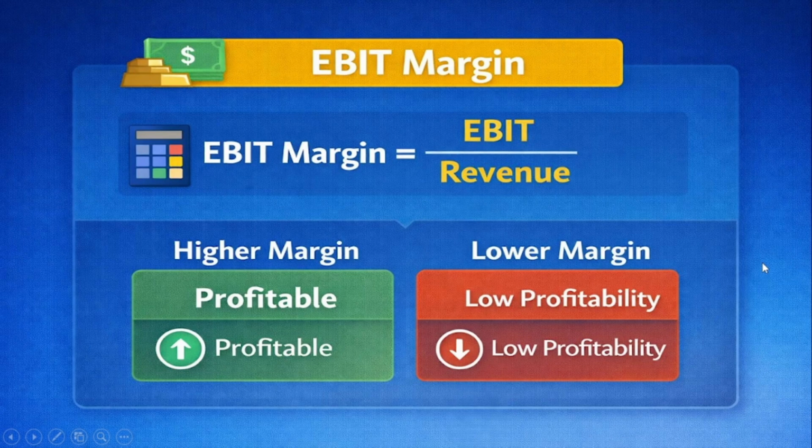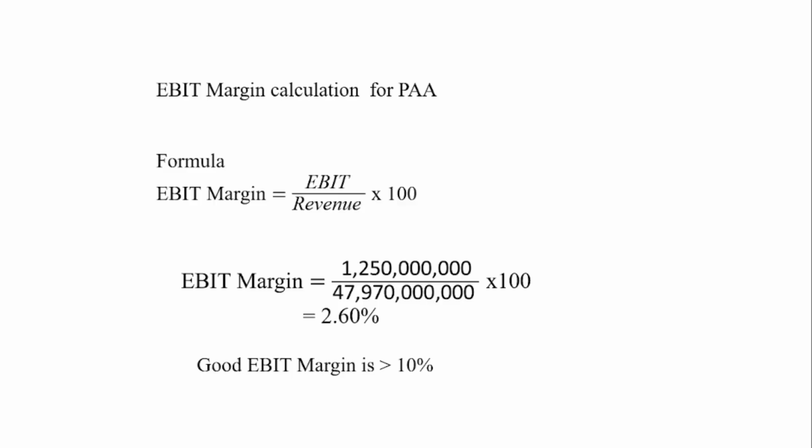EBIT margin, where EBIT is earnings before interest and tax. It measures operating efficiency before interest and taxes. The formula is EBIT divided by revenue multiplied by 100. Higher margin means more profitability, lower margin means lower profitability. So let's calculate EBIT margin from the real values of PAA stock.